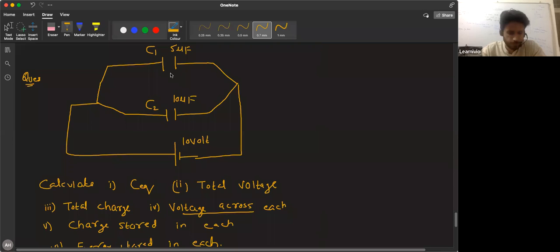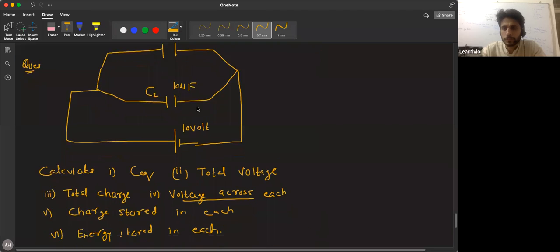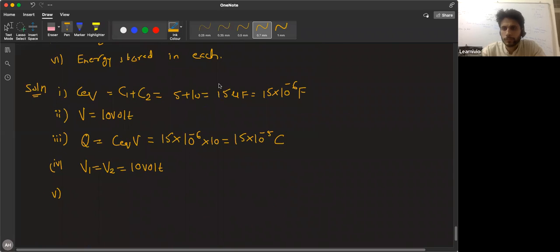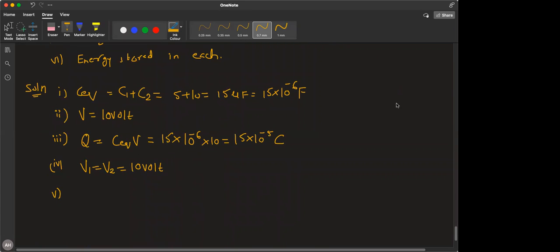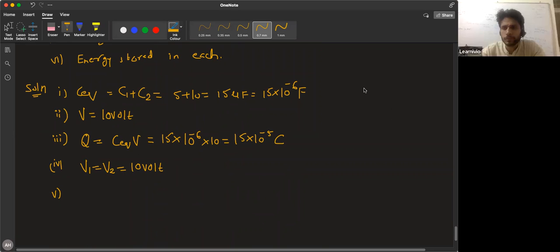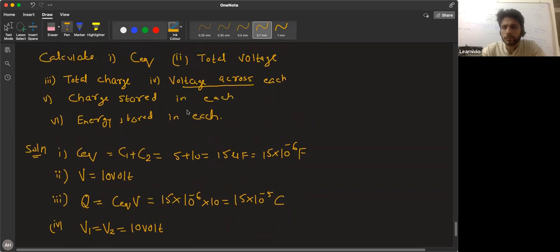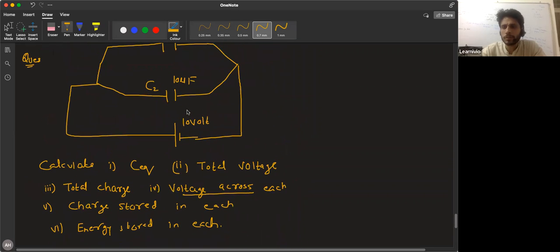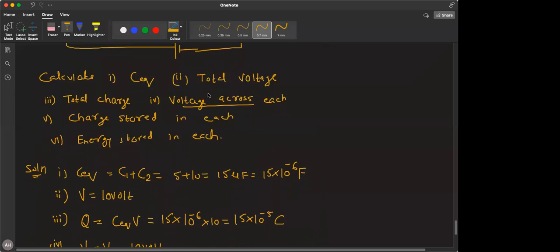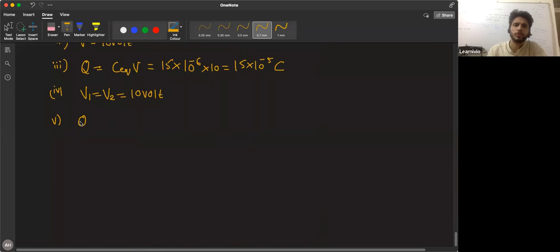The charge stored in the first capacitor will be C1 V1.